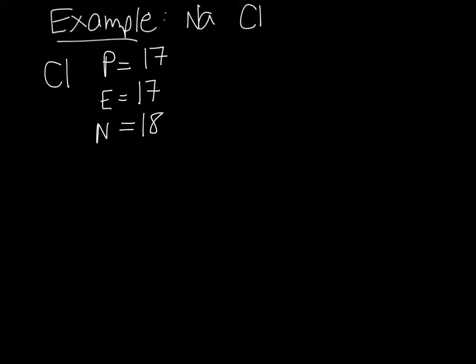But again, the neutrons don't really matter for this part. Let's go ahead and draw our Bohr model. We would draw our nucleus, and we'd put 17 protons in it, and 18 neutrons, and then we'd start drawing our electrons.